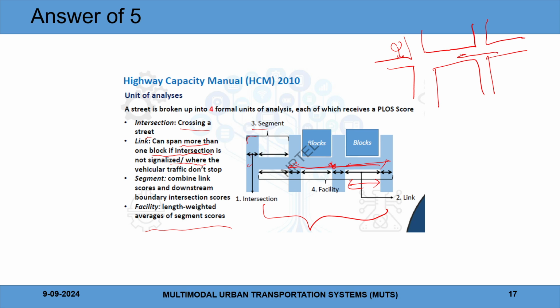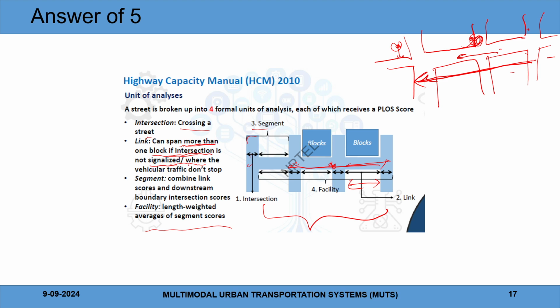A vehicle is moving from this to this direction, and there is a signal here, but here there is no signal, and another intersection is this. So a link can span more than one block. It can span from here to here if the intersection is not signalized.